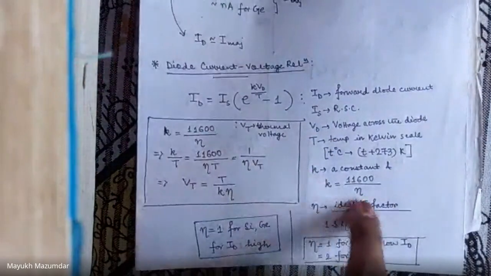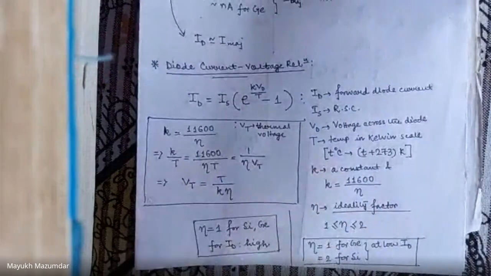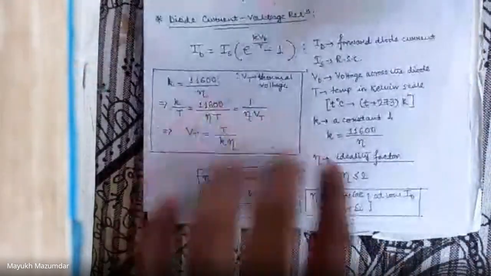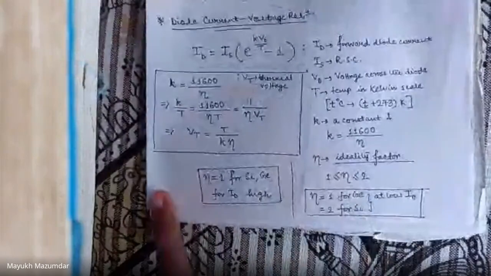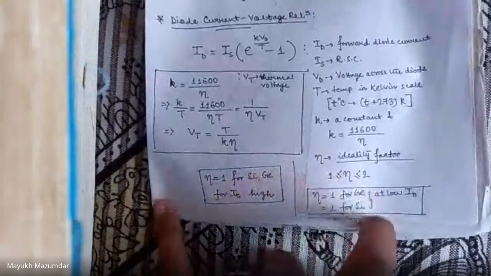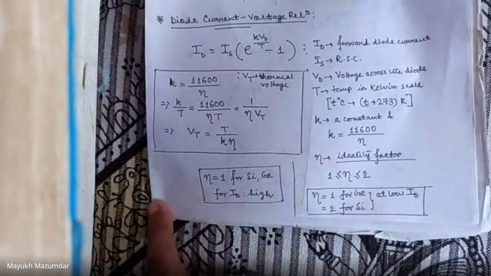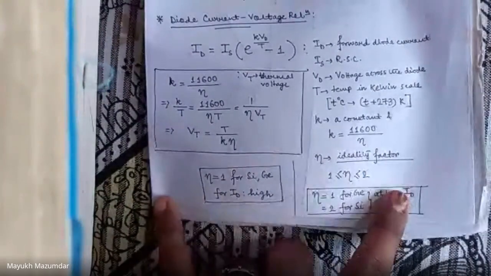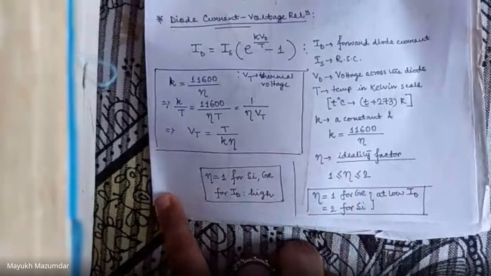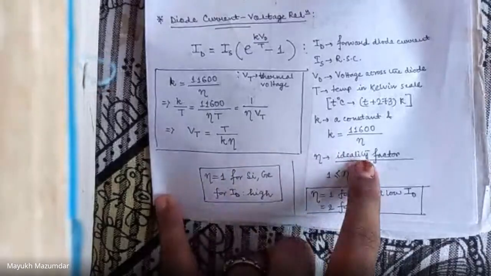Before that we came across a new term called the ideality factor, which would be 1 for germanium and 2 for silicon at low diode current, and 1 for both types at high diode current. We did a substitution where we related thermal voltage with eta like this.